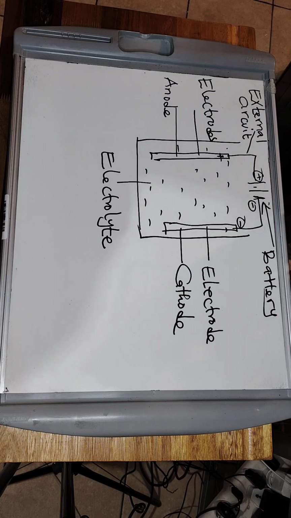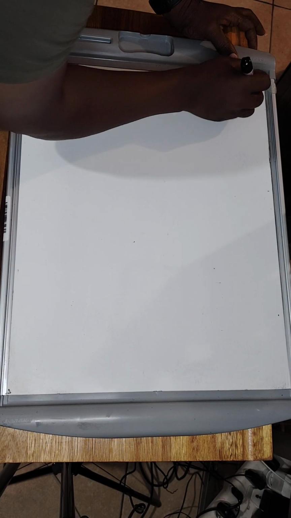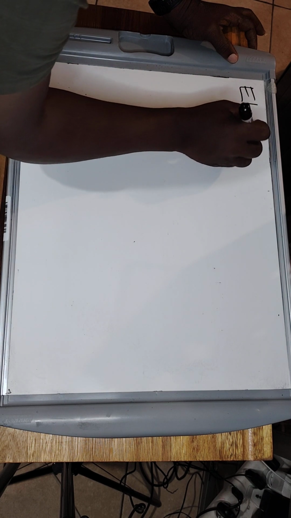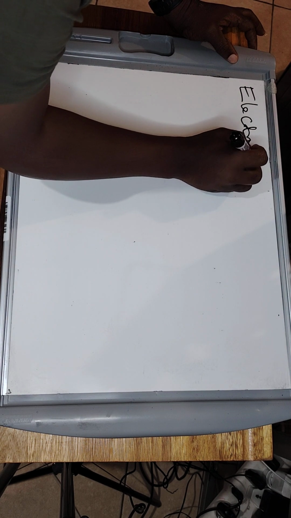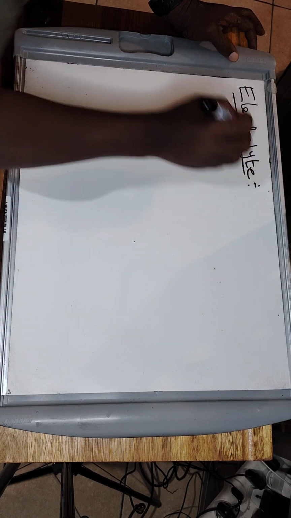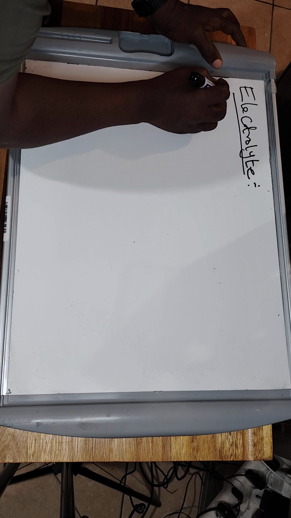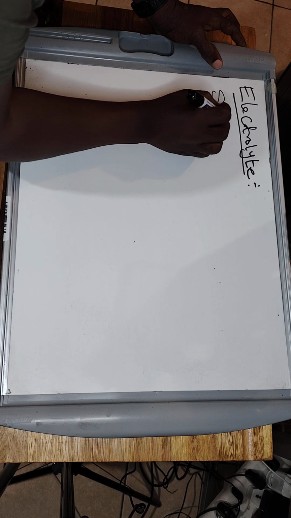Now, after this, we go to another level. Whatever has been put across here has to be understood and also defined. So let us look at that very fast. Let us start with the electrolyte. What is an electrolyte? An electrolyte is a solution.